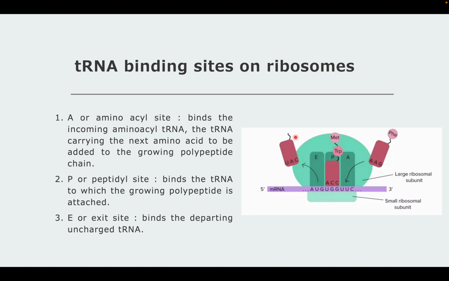Here you can see the phenylalanine, but here there is nothing. So this is called uncharged tRNA. The exit site is where the uncharged tRNA binds and then gets released. So these are the three important sites which you need to know.